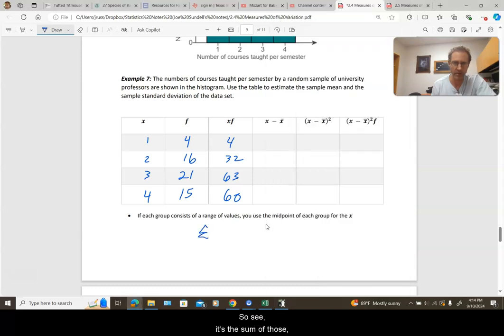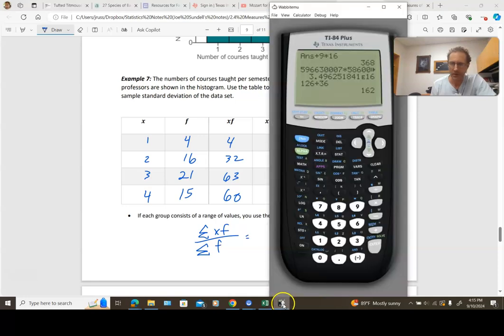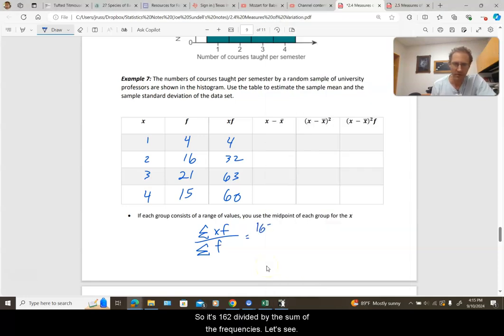So see, it's the sum of each data value times its corresponding frequency, and then we're going to divide this by, really what we're doing here is finding a weighted mean, the sum of the frequencies. So it's 162 divided by the sum of the frequencies, let's see, so this is going to be 36 right here, and then that's 20 more, so 56.